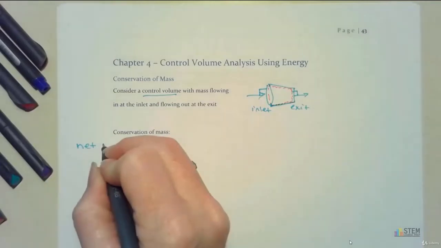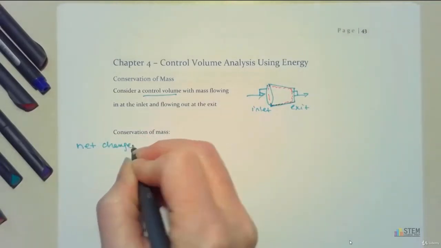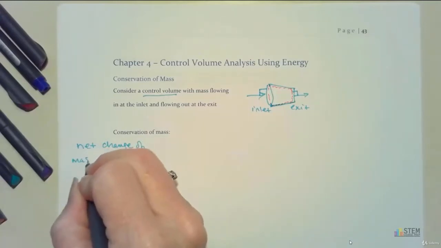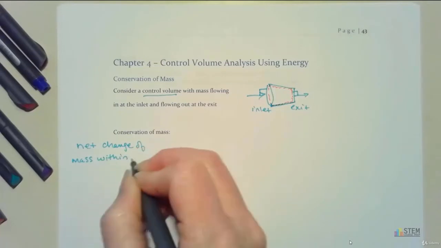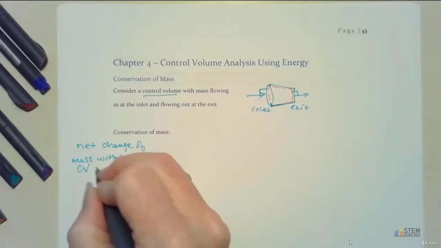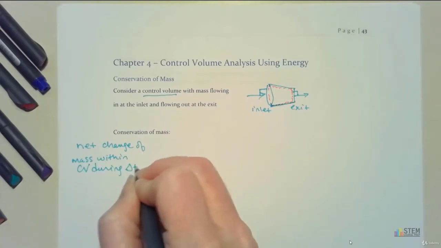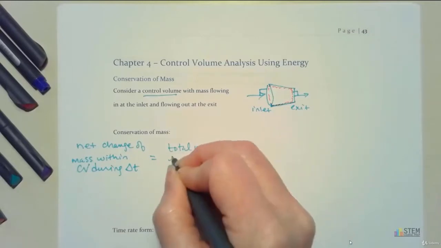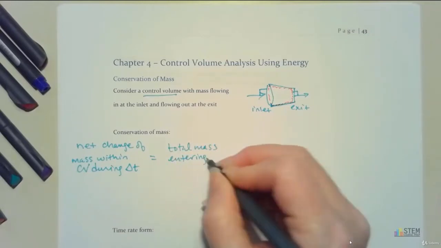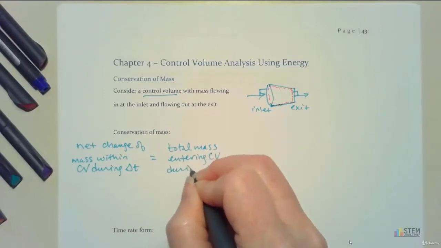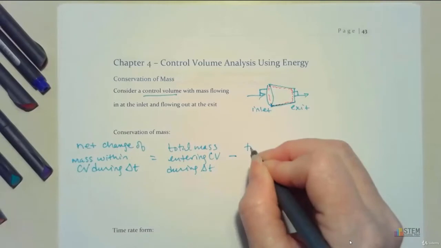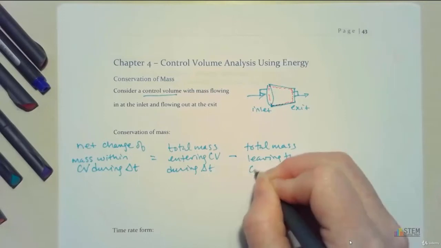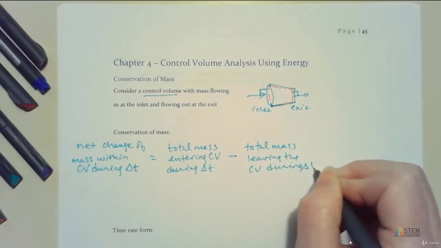And you probably saw this if you've taken a physics class. Conservation of mass is going to state that the net change of mass within the control volume, and I'm just going to write that as CV, during a time delta t has to equal the total mass entering the control volume during that time delta t minus the total mass leaving the CV during delta t.